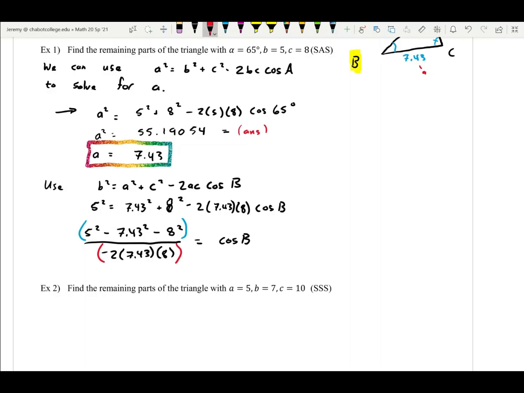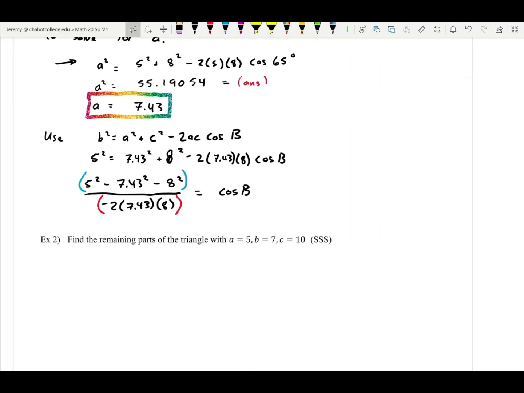So I'll type this into my calculator. And I get this number, 0.79243691112. I just wrote the whole thing out there. All right.